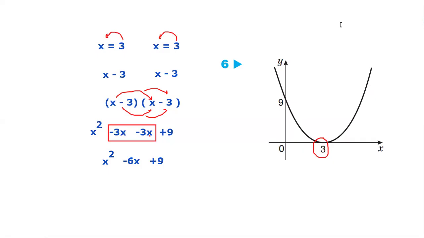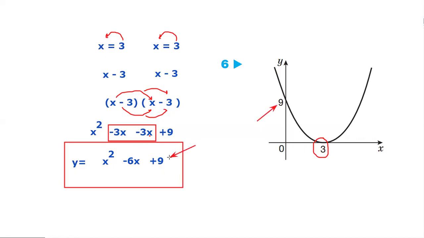So this means that you write y equals for it. And this is how you answer a question like this. This is the equation of the curved graph that we have over here. If you look at the y-intercept, which is positive 9, you find out it's the same in the equation.